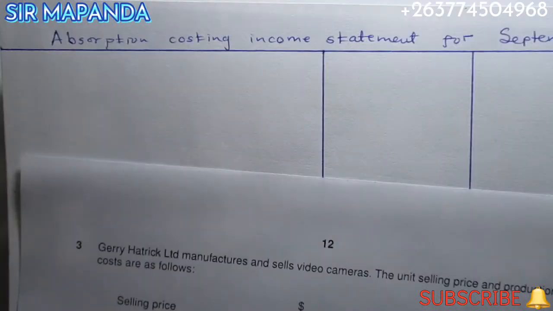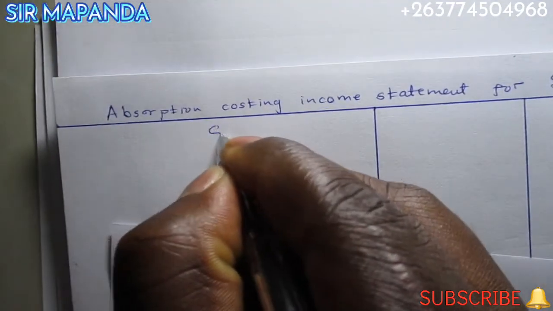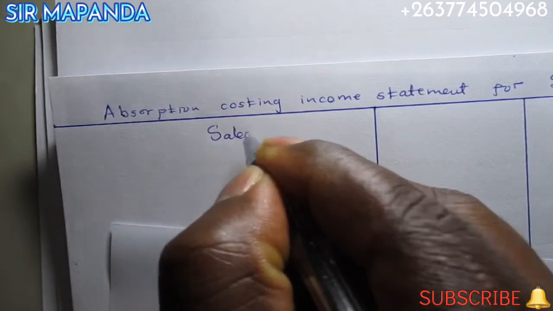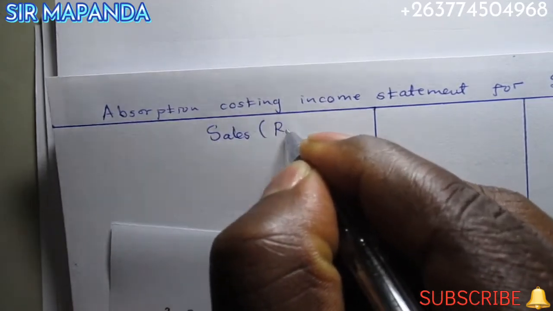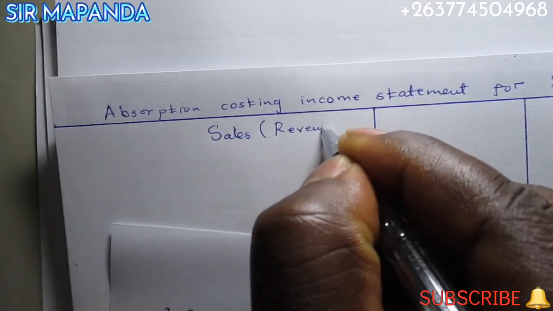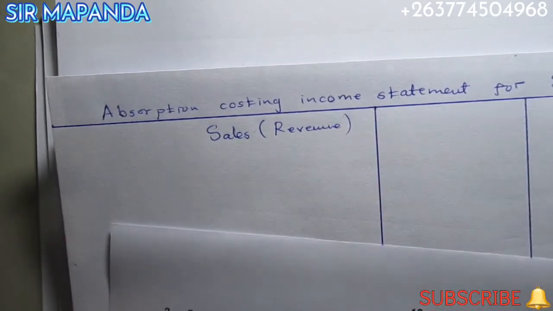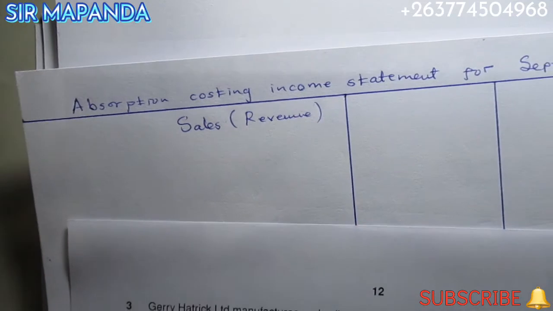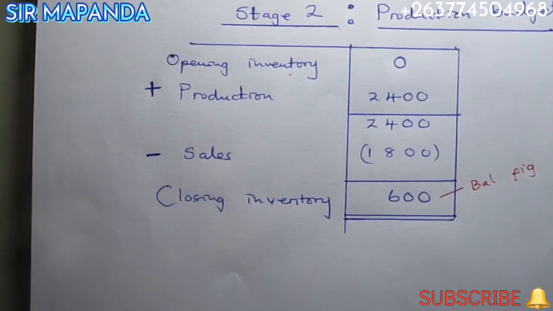Right, welcome back. We are now preparing absorption costing income statement for September. So you are going to start with sales, also known as revenue. I hope you are following, class. So how do you calculate the sales? You can clearly notice that in our production budget, we sold 1,800 units.